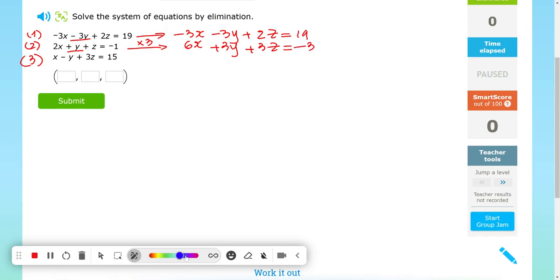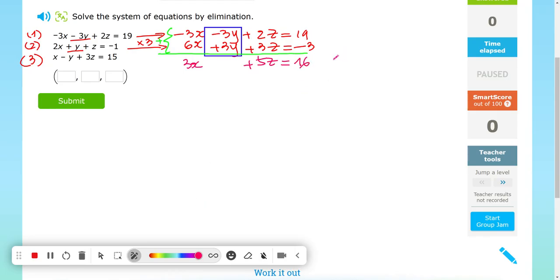Now you notice the y terms are opposite, so when you add them, you eliminate the y. So I got 3x, no more y, 5z, and then equals 16.